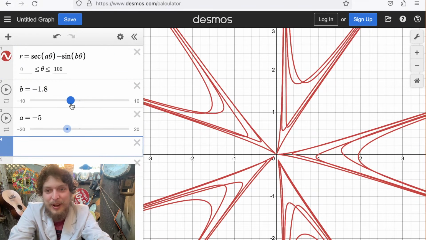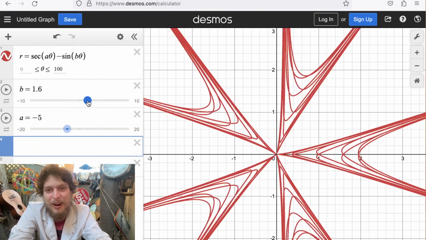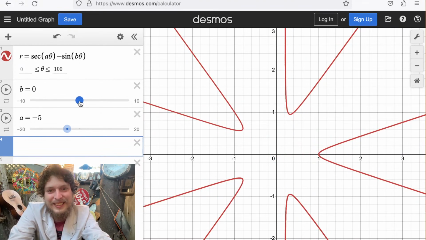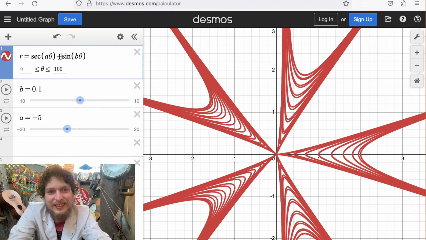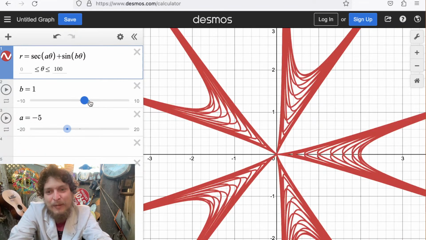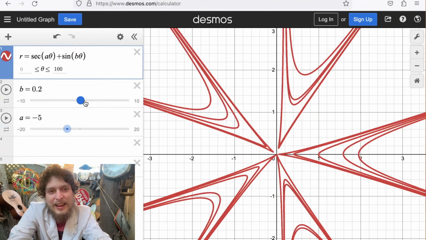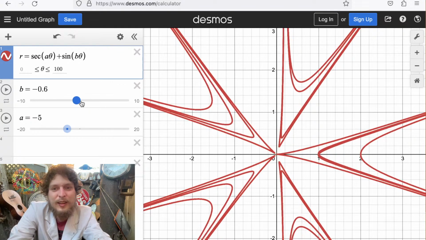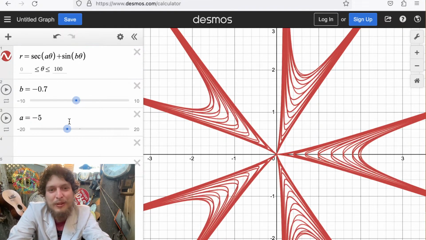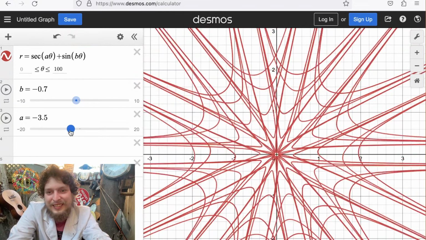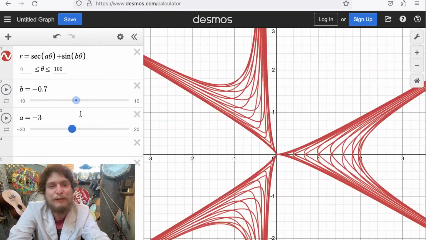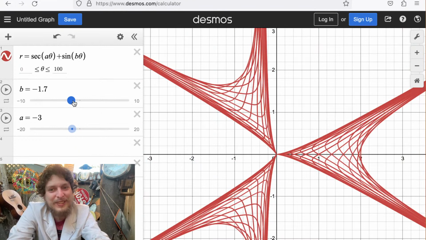Minus didn't even change much compared to plus. Whoa, that's weird. Minus might have changed that. Oh yeah, we're trapped in here for now. A is sort of setting these certain like limits to where we're able to go with B. Like here we have 3, and B is sort of trapped in the 3.